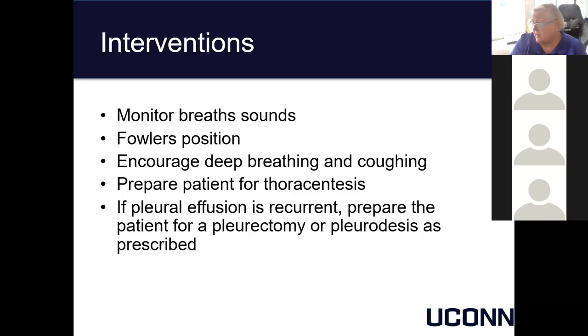The incentive spirometer. Incentive spirometer, exactly. Give them something that they can measure and count. Not only the splinting helps make them more comfortable, that's a great way to help them use it better to their advantage. These patients should have an incentive spirometer at their bedside. They should be taught how to use it and encouraged to use it every hour or so. And again, you can anticipate a thoracentesis once the effusion is identified.